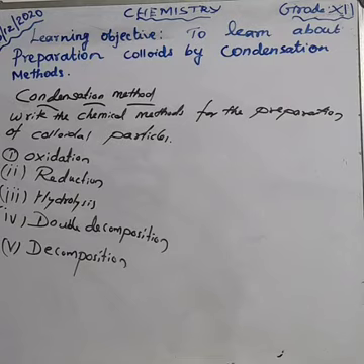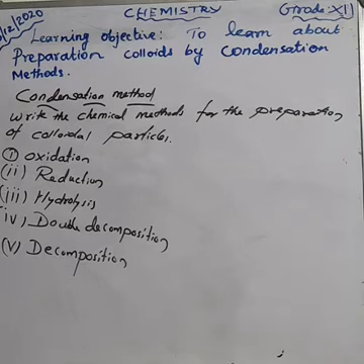What are the chemical methods? The question may be asked like that: write the chemical methods for the preparation of colloidal particles. Suppose the question is for 2 marks, then just write the various methods. Sometimes the question may be for 5 marks, then you should write all of this, give the explanation, and also write the equation for each heading.